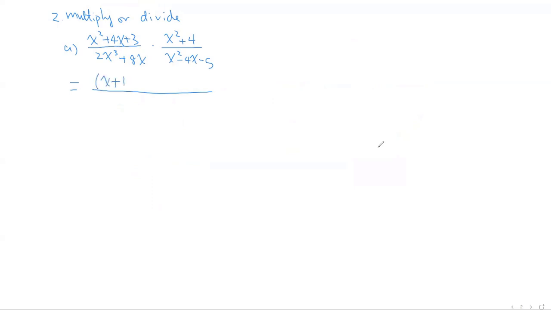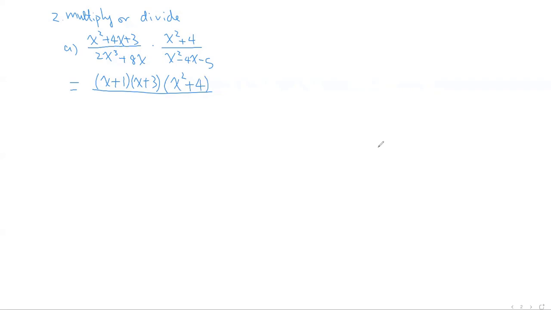That is x plus 1 times x plus 3, right? 1 times 3 is 3, and 1 plus 3 is 4. And the second one, we cannot do anything. That's x squared plus 4. If that were x squared minus 4, then we could factor it, as a difference of two squares. But here we can't do anything, so you have x squared plus 4.